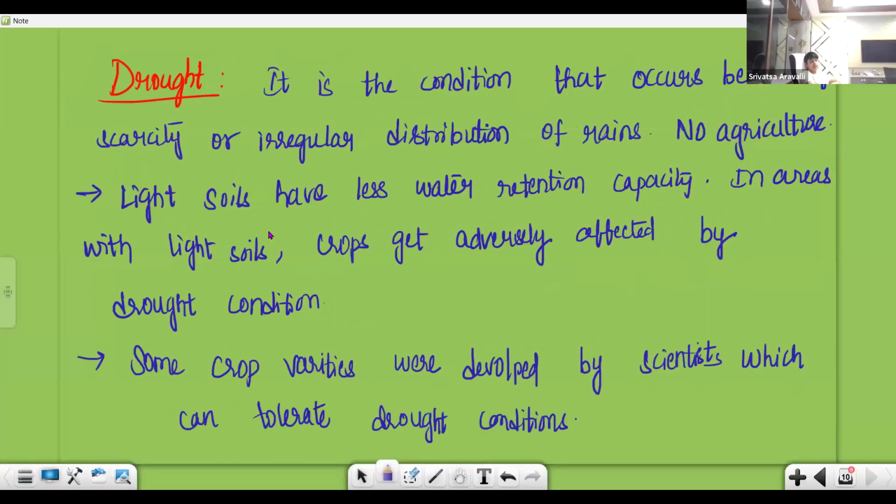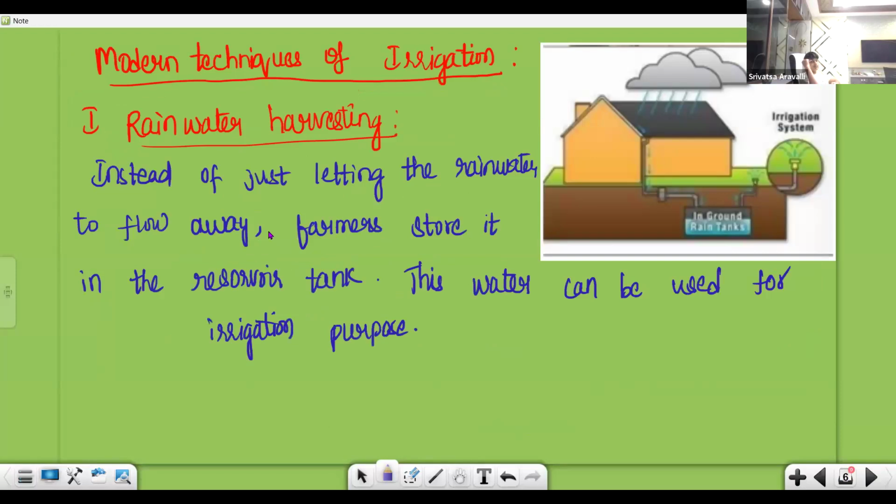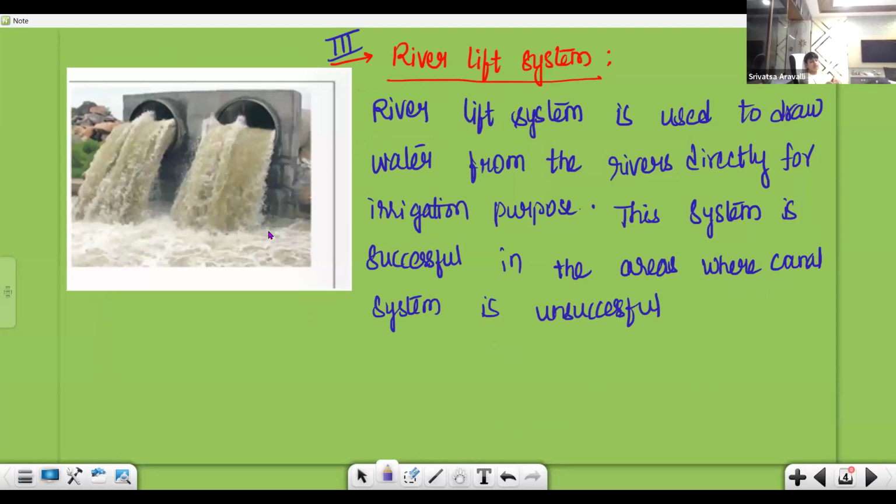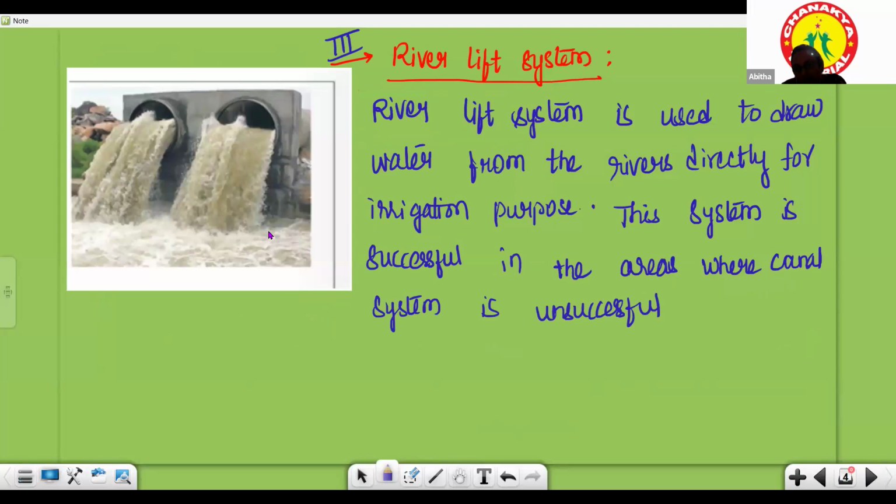Ma'am, just a second. What do you think that is? Water was coming out of two holes on a brick bridge. This is not drought, ma'am, because it's related to water. It is flood. You can say excess of water is a flood condition, not drought.